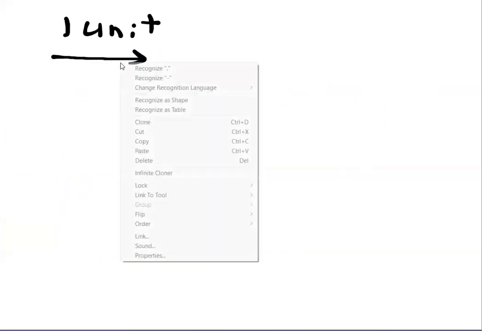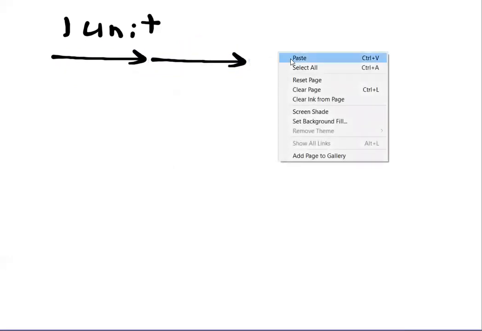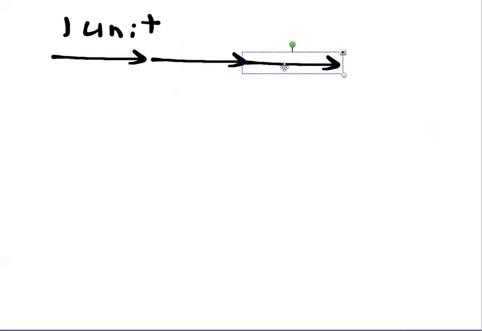Whatever this is, I'm going to call that 1 unit. And I can have multiples of that unit, so I can copy and paste that. There's another one. So there's 2 units. There's 3 units, and so on.